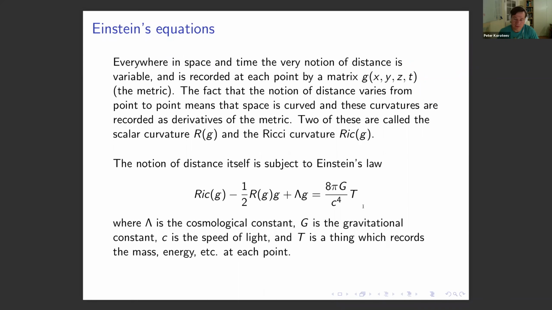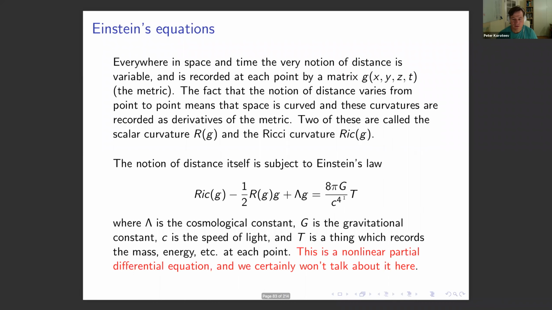It also depends on the metric. It's not just T, it's T with some indices, and because of the indices, it actually knows that there's a metric involved. But roughly speaking, which is not quite precise, the geometry on the left equals the mass energy on the right. But again, it's more complicated. They are coupled to each other.